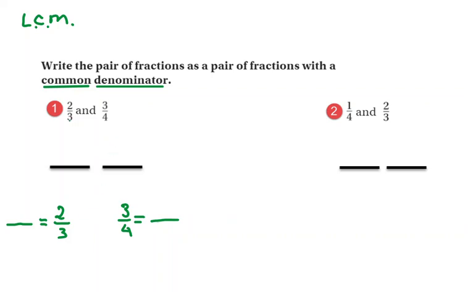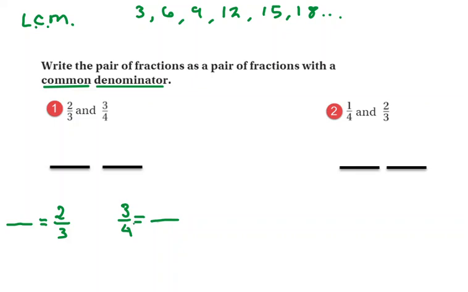So let's find out. We have to find something that's in common between 3 and 4. We can start listing the multiples of 3. There are 3, 6, 9, 12, 15, 18, and they go on forever, don't they? You can keep counting by threes forever. Okay, I put a comma in between each one of them like that.